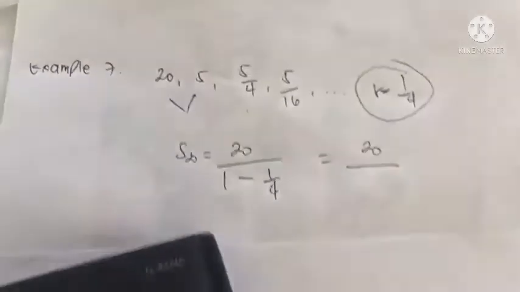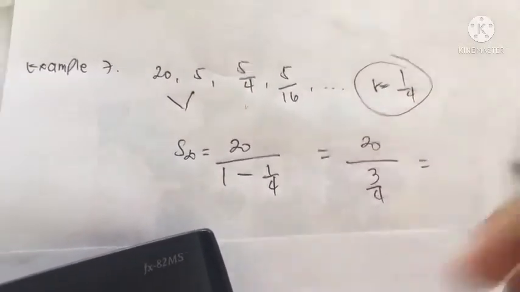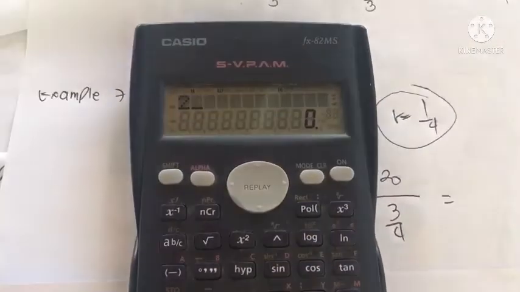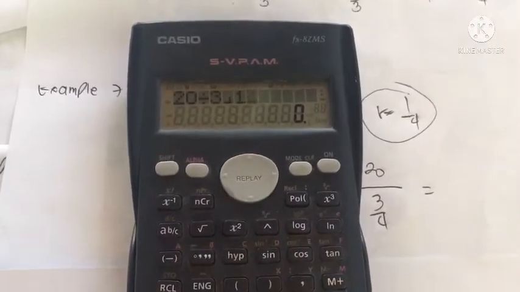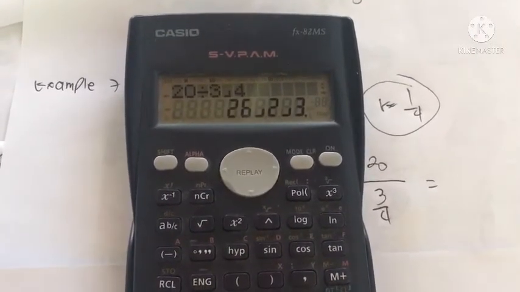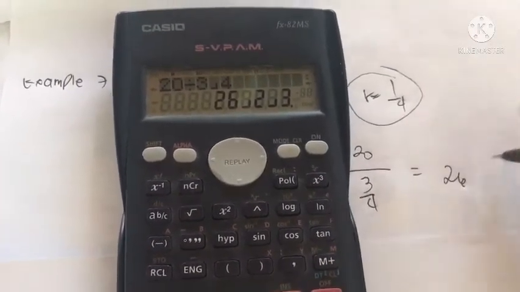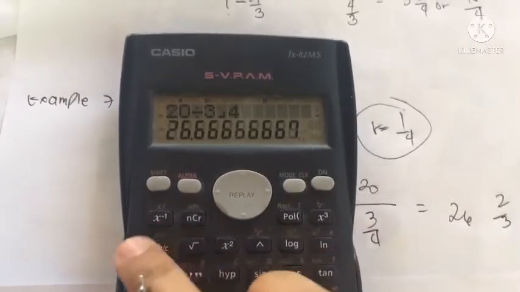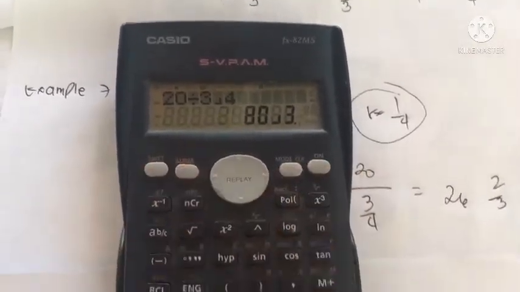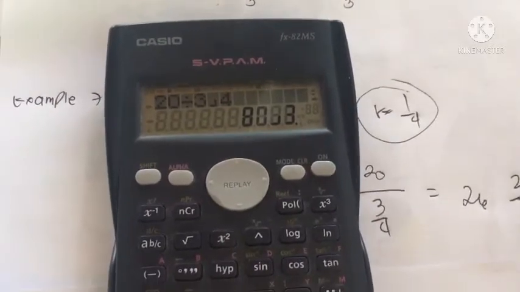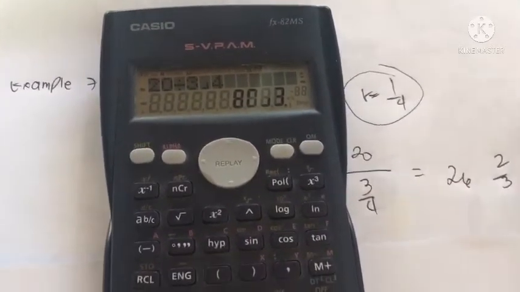The answer is 3/4. So, 20 divided by 3/4. Our answer is 26 and 2/3, or we can make it 80 over 3.